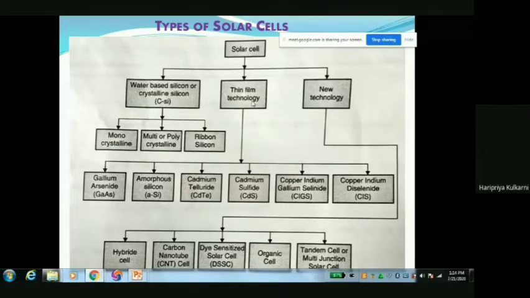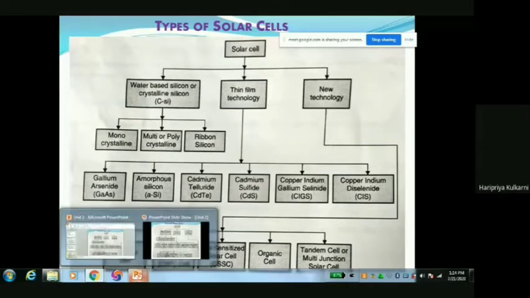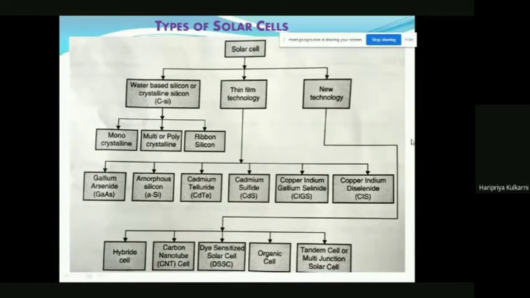Whereas the thickness of a thin film solar cell is 1 to 10 micrometer. As the name indicates, it is very thin, so less material is required. But comparatively, the efficiency of thin film is less than that of thick film. So almost 80% are thick film and 20% are thin film.